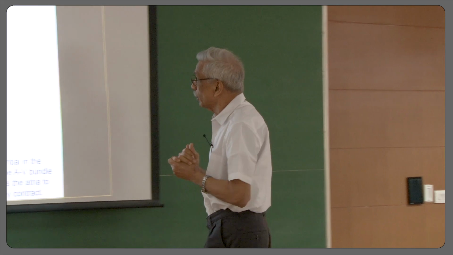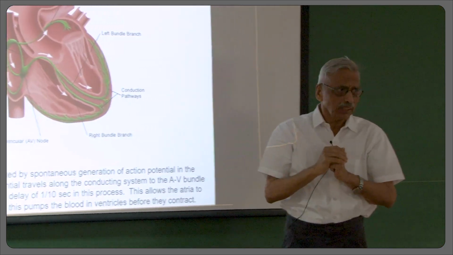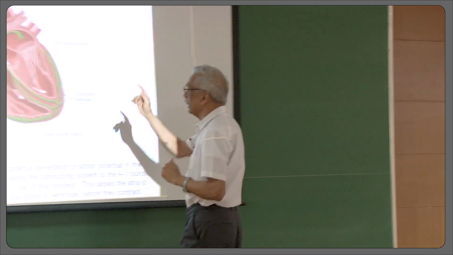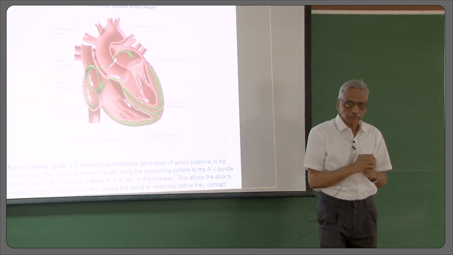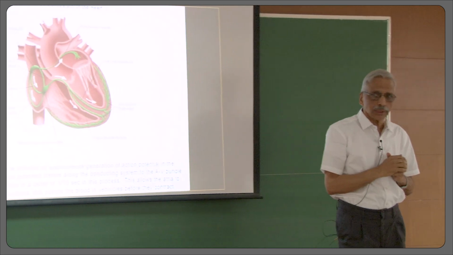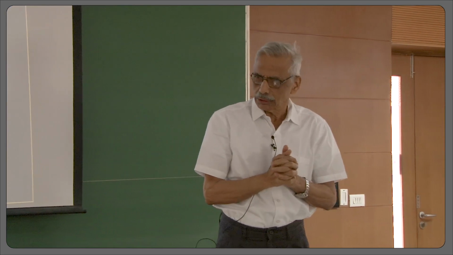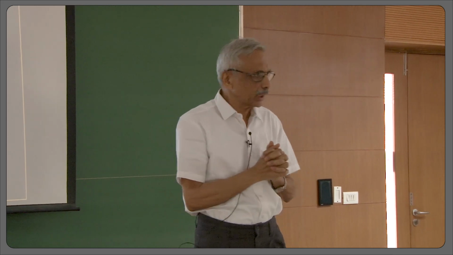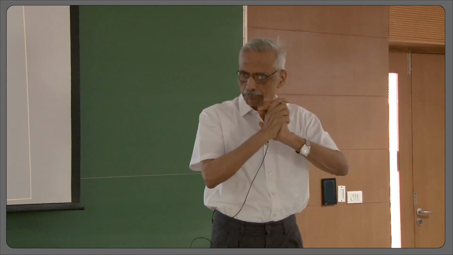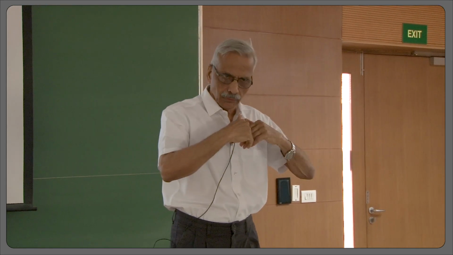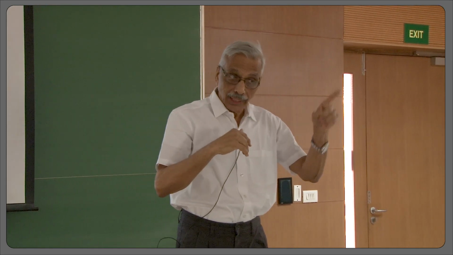Now this peculiar arrangement is so interesting that I'll first talk about the SA node. What you can do is, it's difficult in frog because that tissue is not very clear, but you can do it in the case of rat. So let's do an experiment. Anesthetize the rat, collect the heart. From the heart, go to the right atrium.